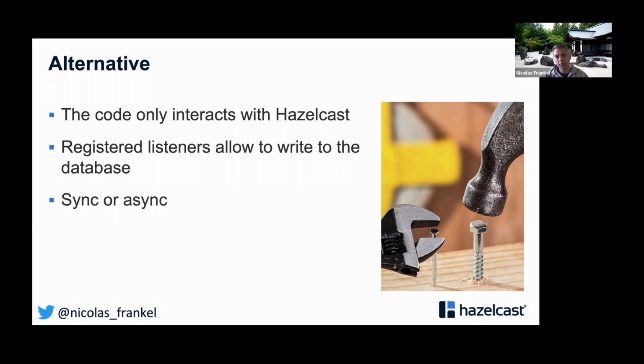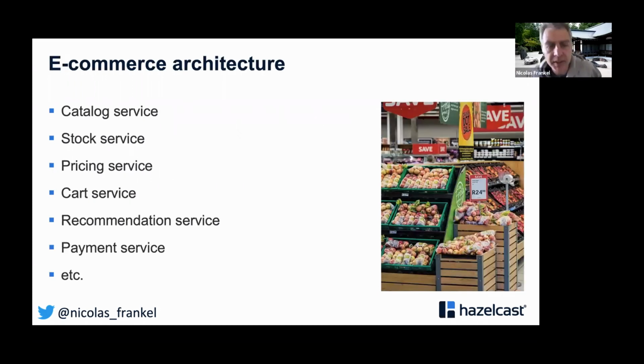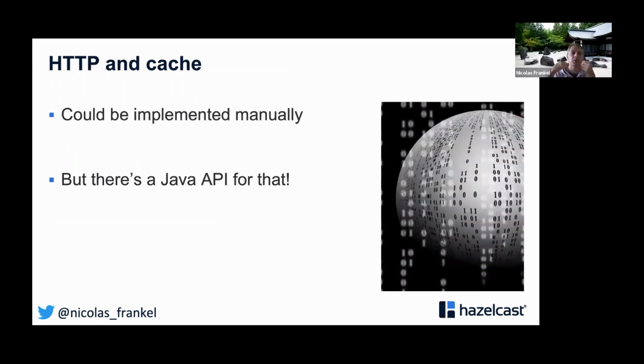I told you already about my e-commerce architecture. I've been working in e-commerce, and I love this example because it really fits the real world. We have all those services or microservices that call each other, and we want to do some HTTP calls. We could implement that manually, but there is an API for that.